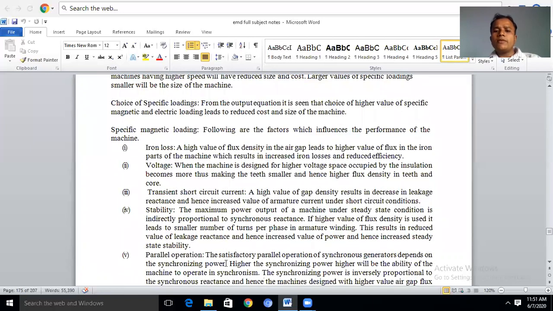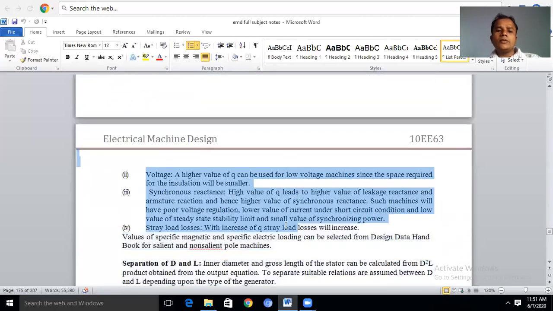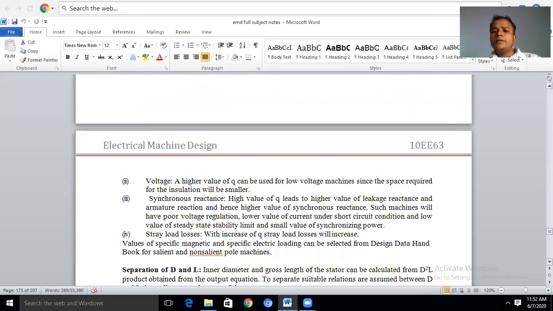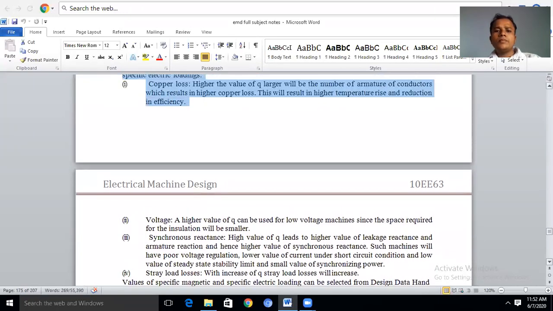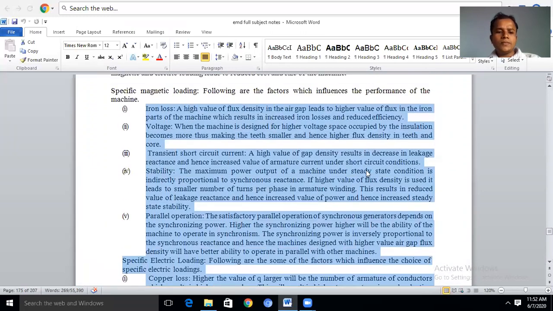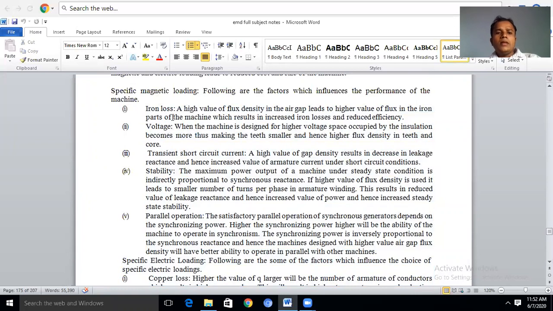The following are the factors which influence the performance of the machine. There are mainly 5 parameters on which the magnetic loading depends.